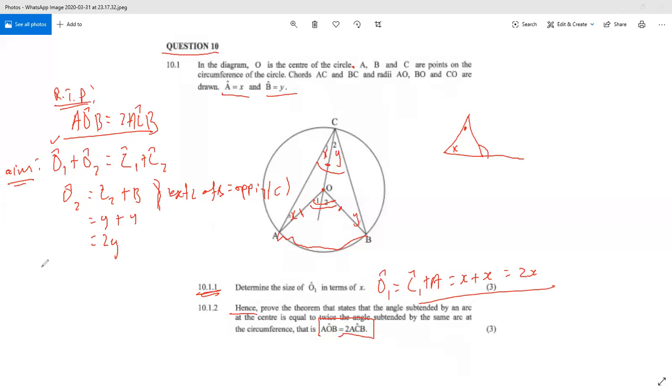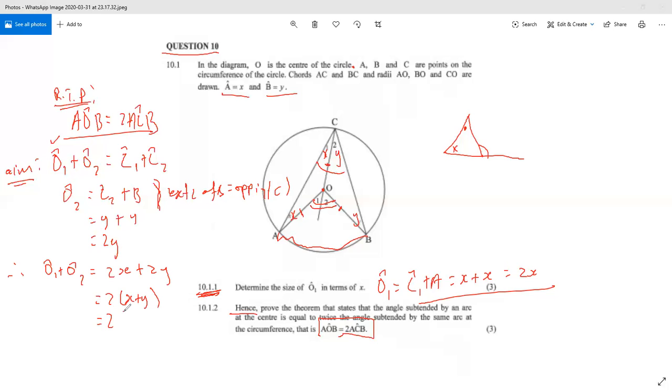So finally, O1 plus O2 is equal to 2x plus 2y. We showed in the previous question that O1 is 2x, and then we just showed that O2 is 2y. So this is just 2 into x plus y.